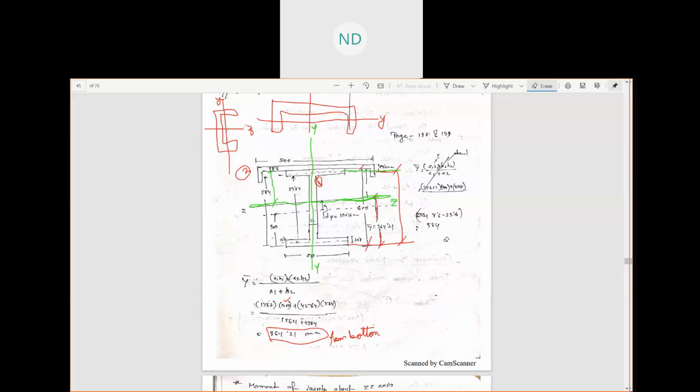So what is this distance? The CG of the channel section and the CG of the built-up member. This distance you'll get by 600 minus this, you'll get this. So this plus the thickness 7.6, then you can subtract the CG of the channel section 23.6.